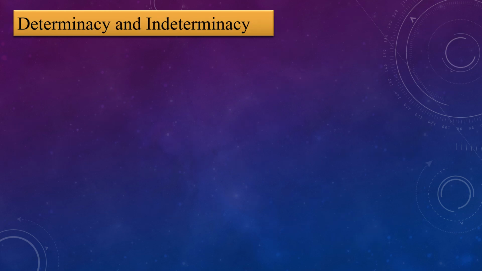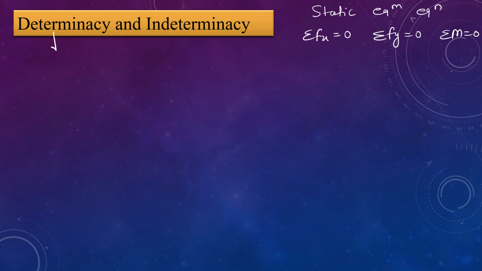Then determinacy and indeterminacy. Before discussing this, first we discuss the static equilibrium equations. There are three equations: summation of Fx equal to 0, summation of Fy equal to 0, and summation of moment equal to 0. Here first is determinacy, second is indeterminacy.